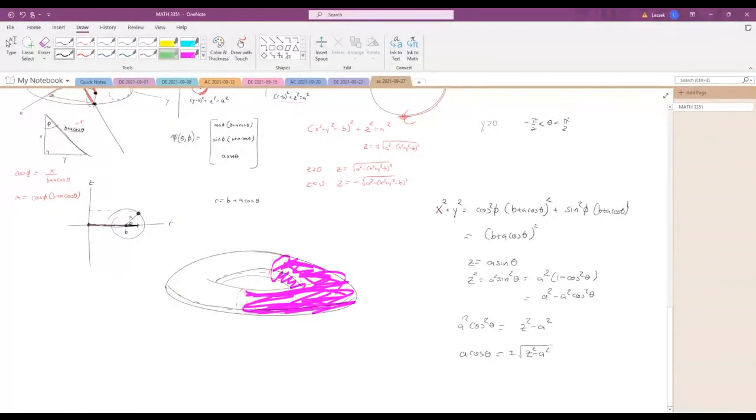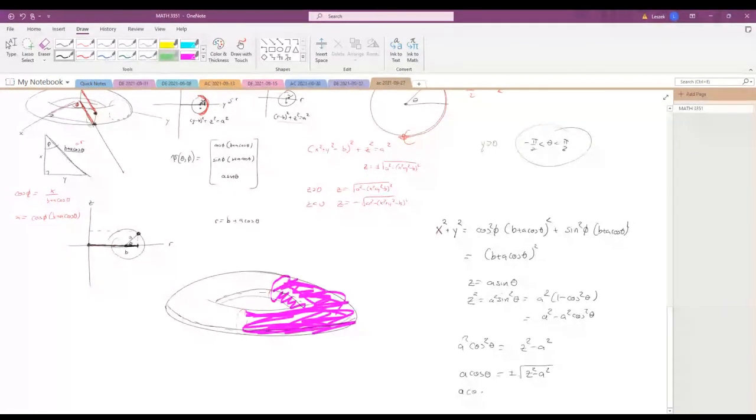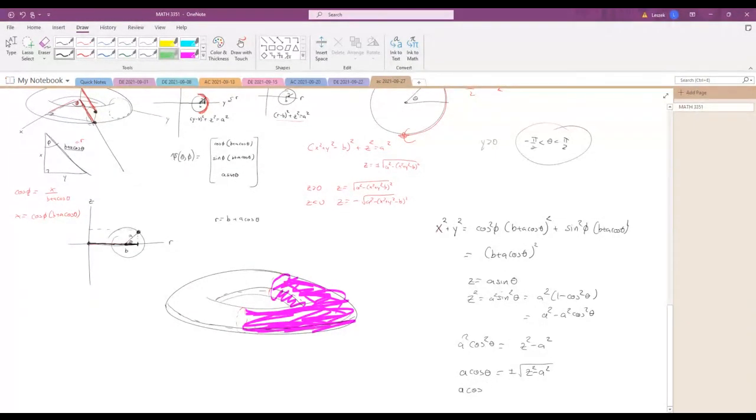Well, we said that theta is between negative pi over 2 and pi over 2 if we're just trying to cover the part of the torus where y is positive in the equator. So that's why it's plus. It's going to be positive, right? Because cosine is positive when theta is between negative pi over 2 and pi over 2. So we're just going to take the positive version of this and solve it.